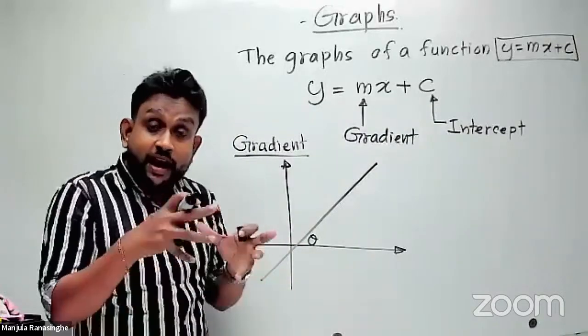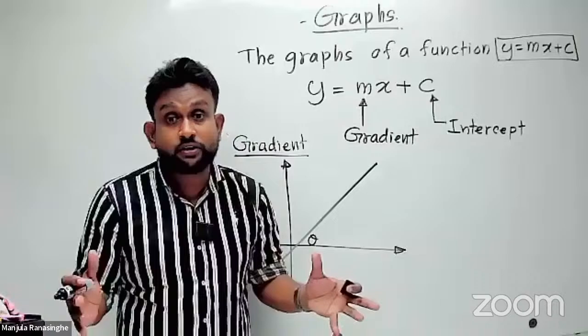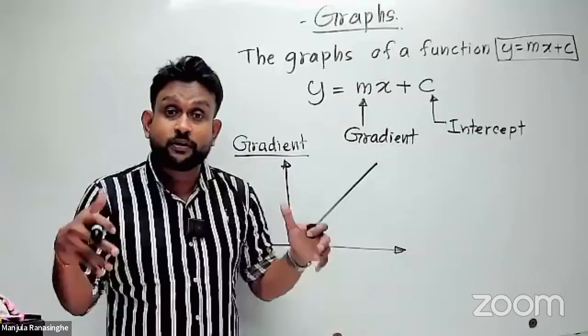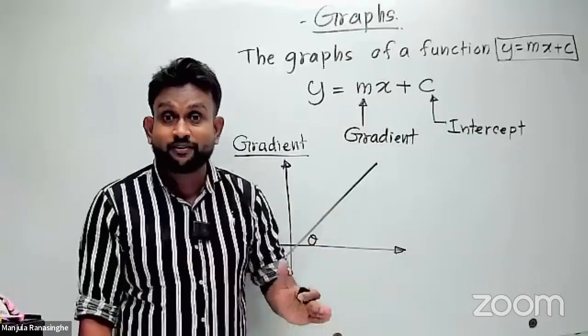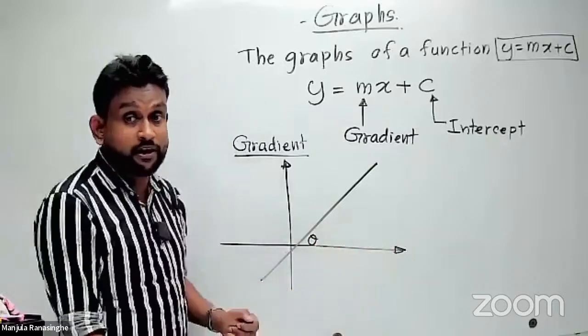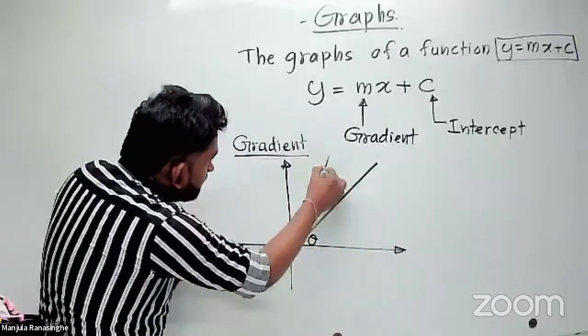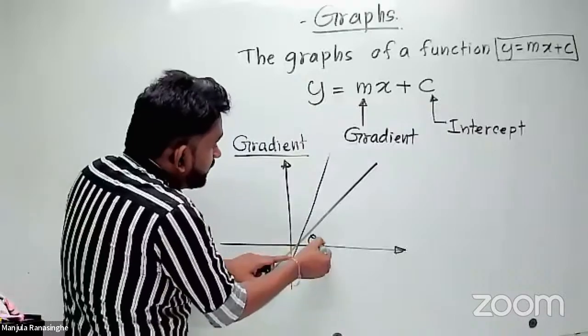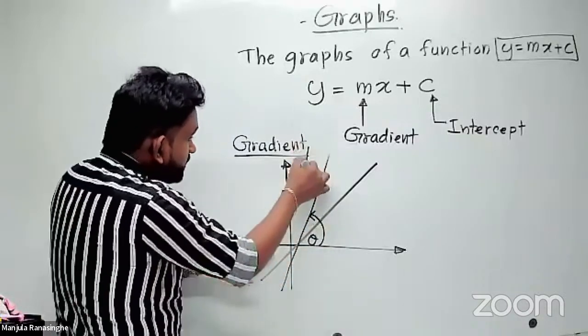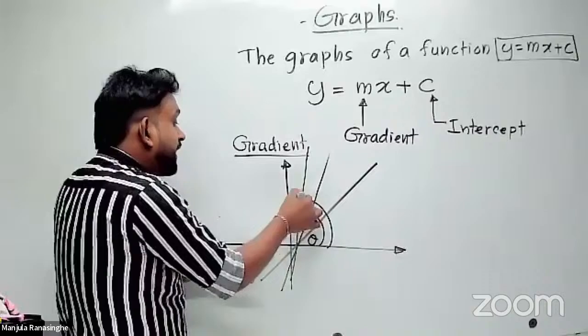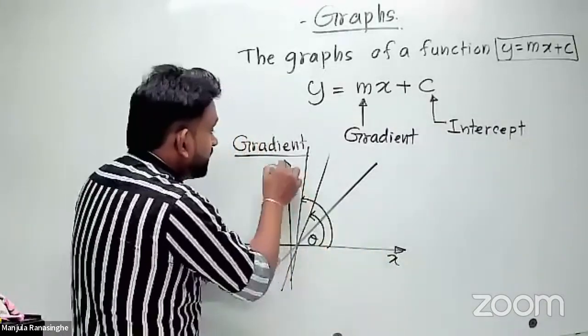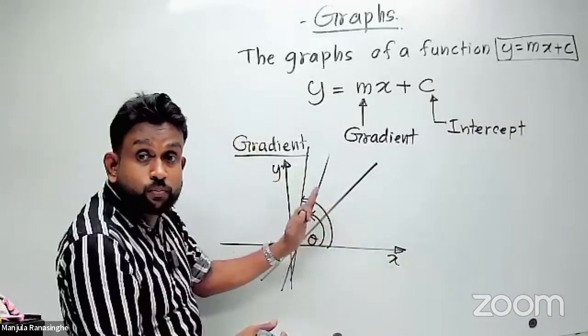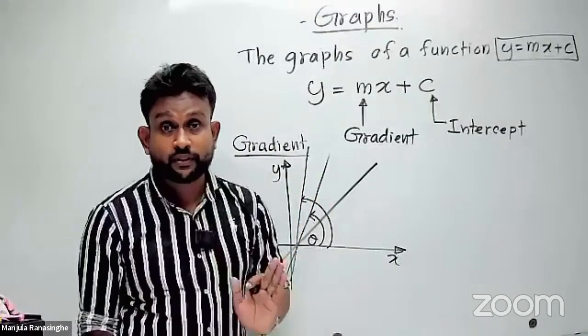Actually, the tan value of that inclination is defined as the gradient. In grade 11, we do trigonometry, then we will learn what the tan value is. If the inclination with the x positive axis is more, the gradient becomes more.